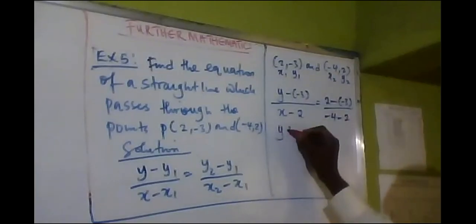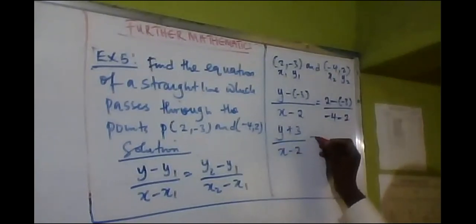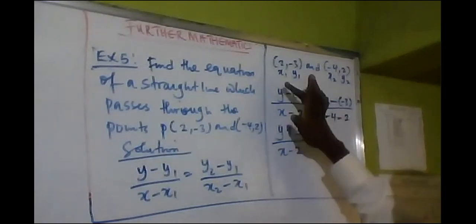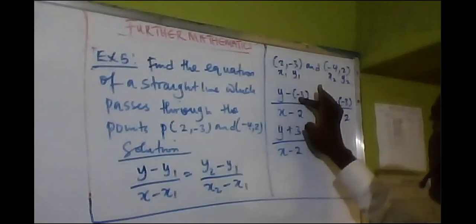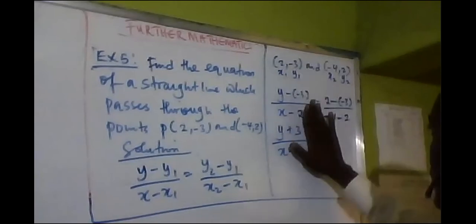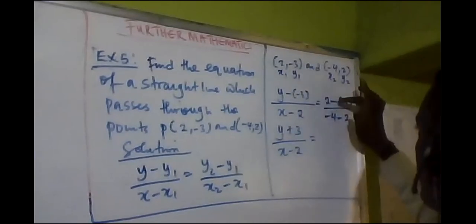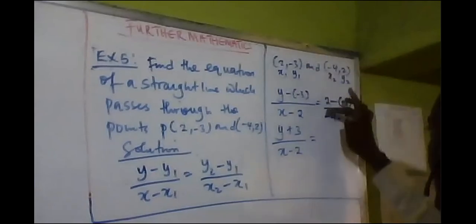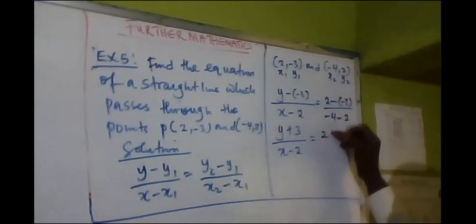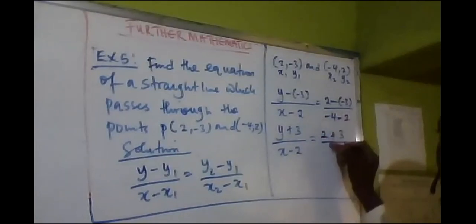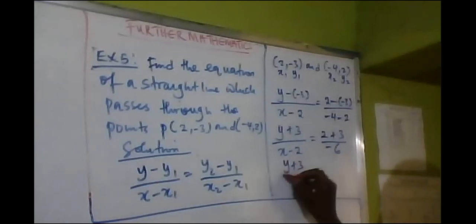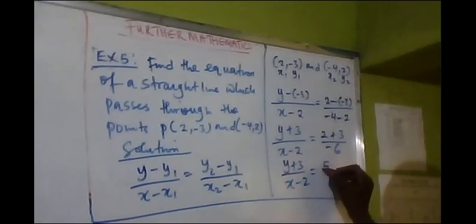So that gives us y plus 3 over x minus 2 equal to, okay, let's go through it again to avoid mistakes. y minus (-3), that's your y1, x minus 2, so this part is correct. Then y2 is 2 minus (-3) all over x2 is -4 minus 2. So we are right. So 2 plus 3 all over -6. So this gives us y plus 3 over x minus 2 equal to 5 over -6.